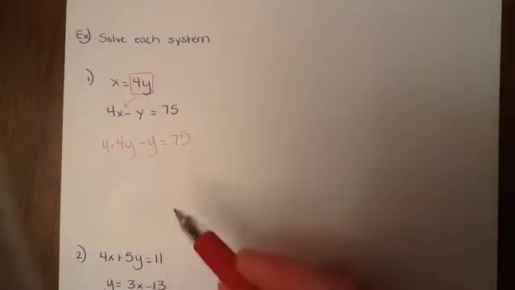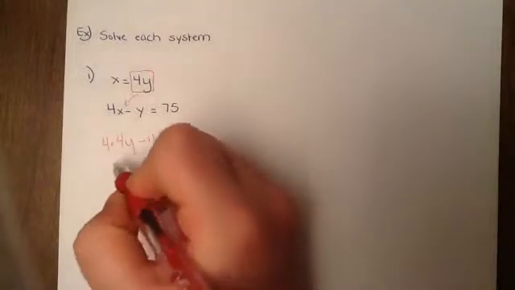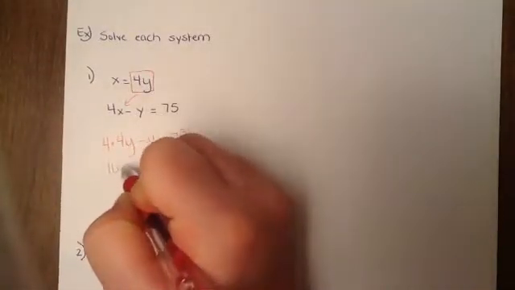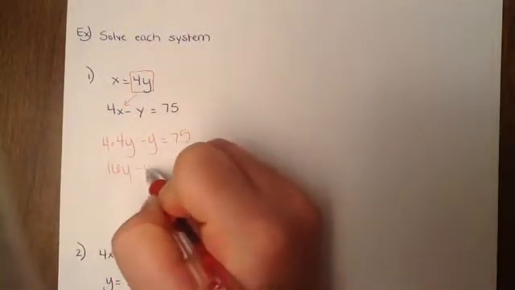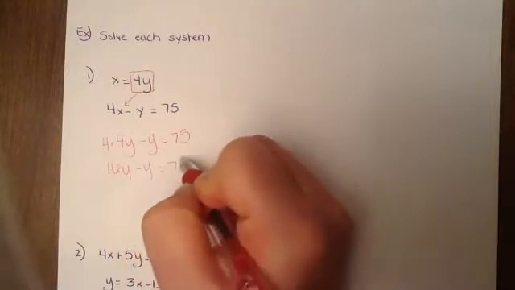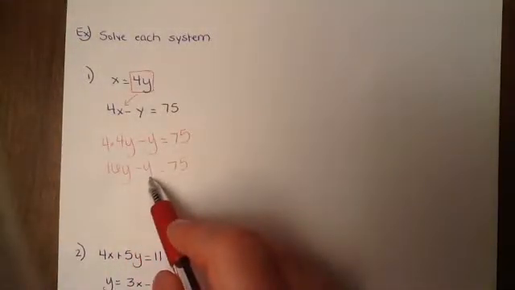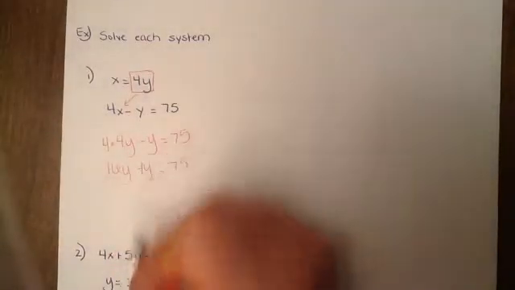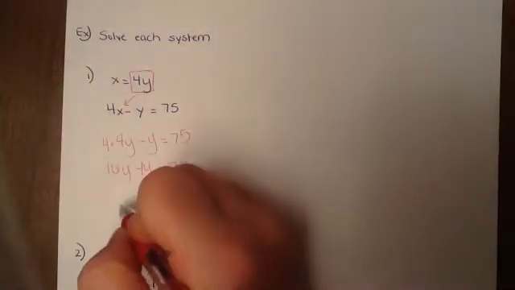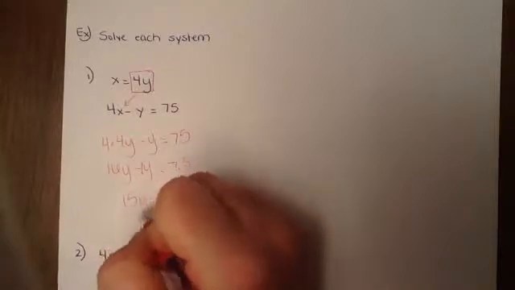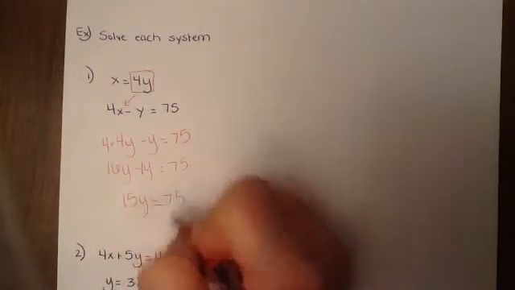Now I need to solve this for y. 4 times 4, 16y, minus y equals 75. 16y minus a y, or minus 1y, 15y equals 75.